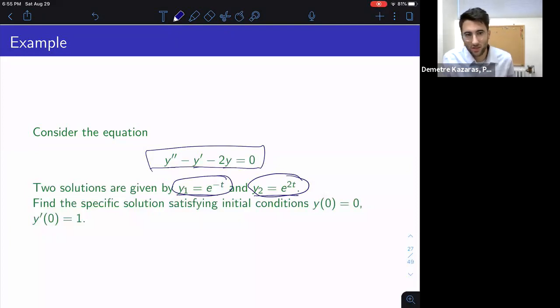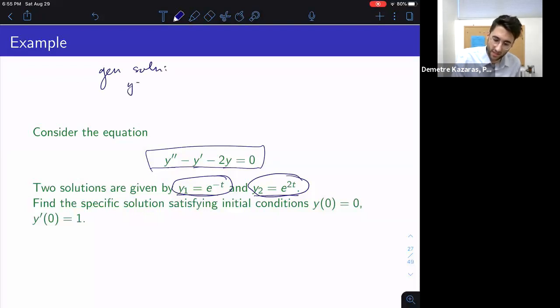Okay, so let's try to find the specific solution that satisfies the initial conditions y of 0 is 0 and y prime of 0 is 1. I basically found the general solution. The general solution to this equation is c1 times e to the minus t plus c2 times e to the 2t.